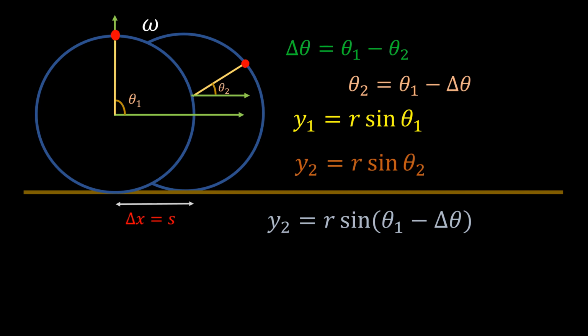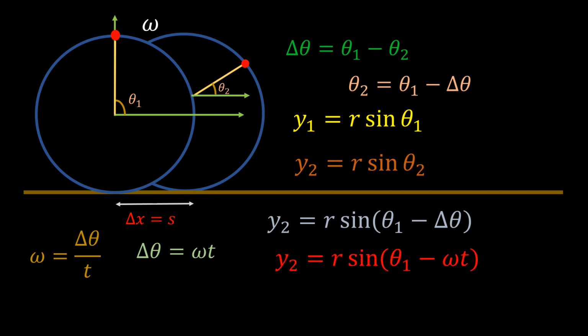Recall that angular velocity is defined as the change in angle per unit time. This means that delta theta is equal to omega t. Hence, this equation becomes y equal to r sin(theta 1 minus omega t). If the tire was moving to the left, the new angle will be greater than the old one, and therefore theta 2 would have been theta 1 plus delta theta.